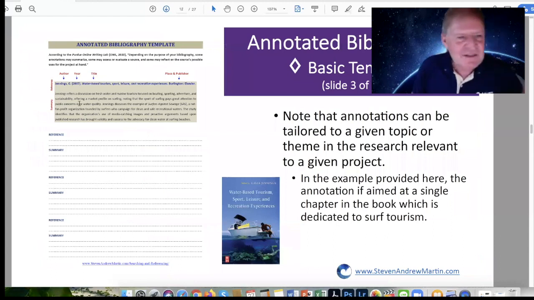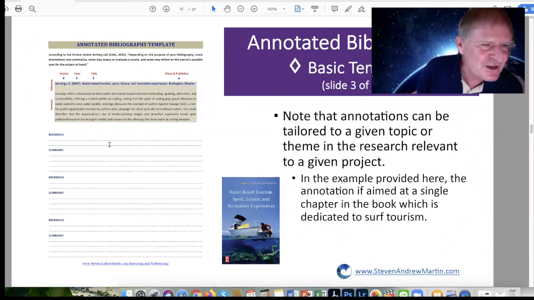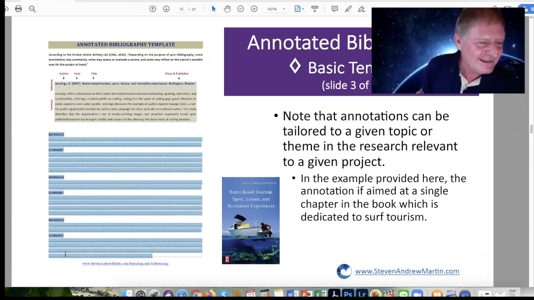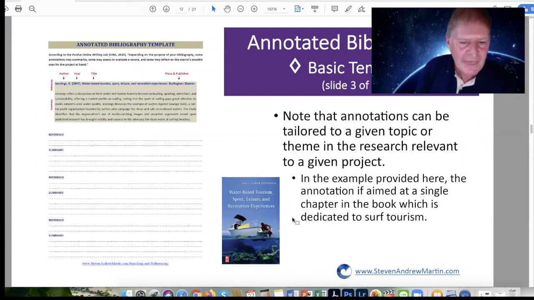Okay, this is just a template, and I'm giving this now to the students in the searching and referencing course that we're now teaching, just to show them the context, right? That you write a reference, make a summary, write a reference, make a summary, and I provided an example. In this case, I was showing this book on water-based tourism from my surf tourism review.